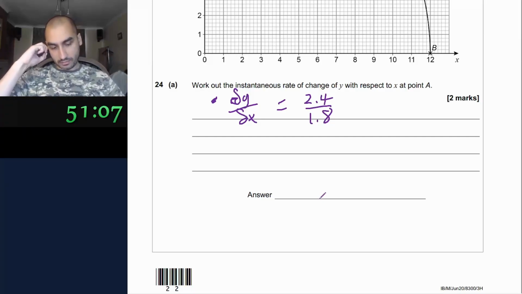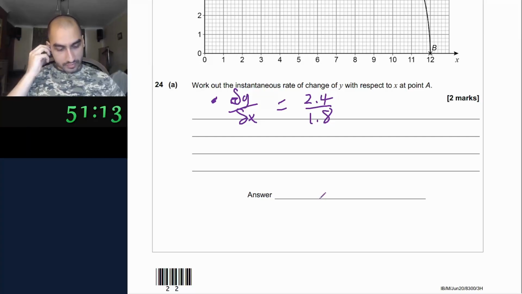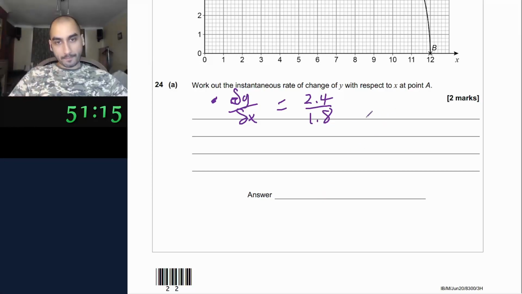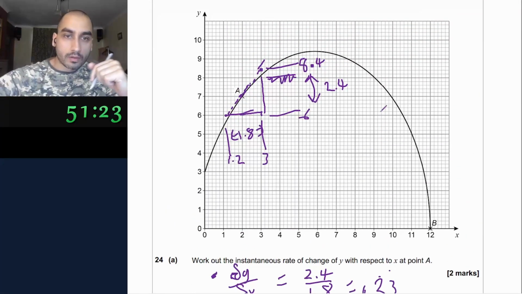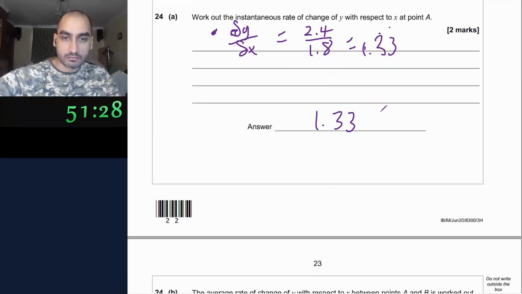So is this what they want? 2.4 divided by 1.8 equals 1.33. Yeah, they just want the gradient, basically.